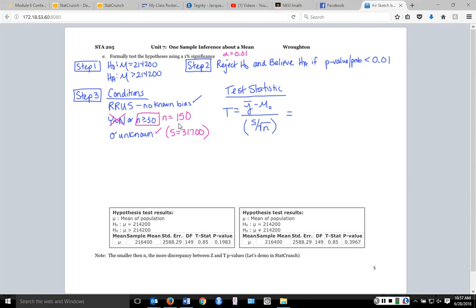So our y bar was $216,400. Our value in our null hypothesis was $214,200. Our sample standard deviation was $31,700, and our sample size was 150.